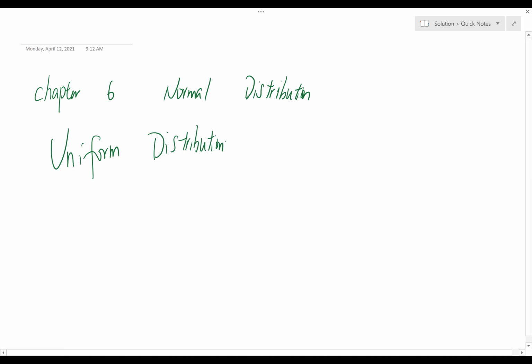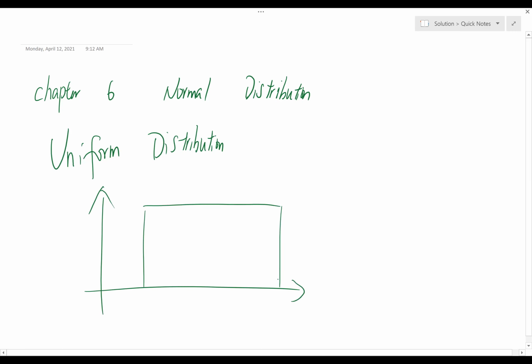Basically, uniform distribution has a rectangle distribution. The shape of the distribution is a rectangle. There are two important parameters here: the starting point and the end point. Within this interval from A to B, let's say the random variable belongs to this interval, then the probability will stay the same.